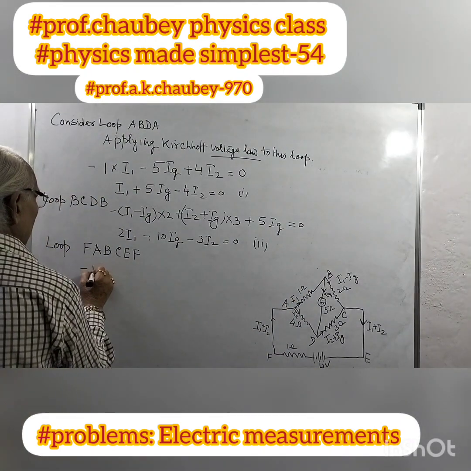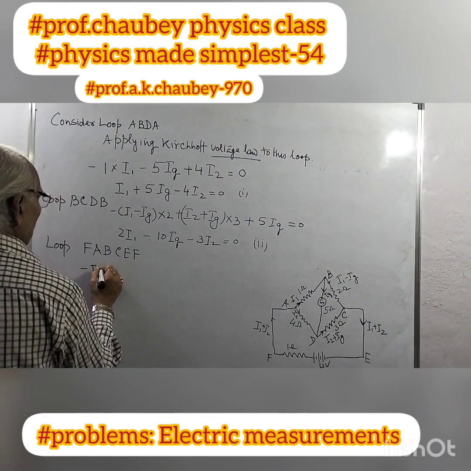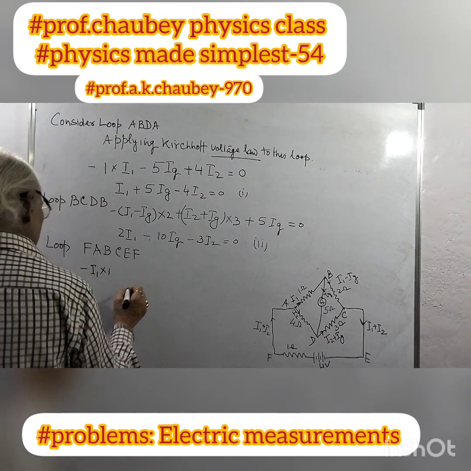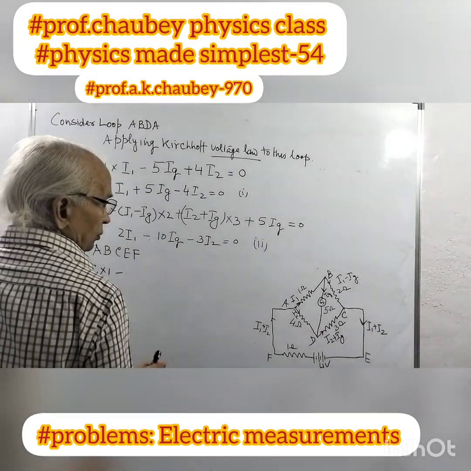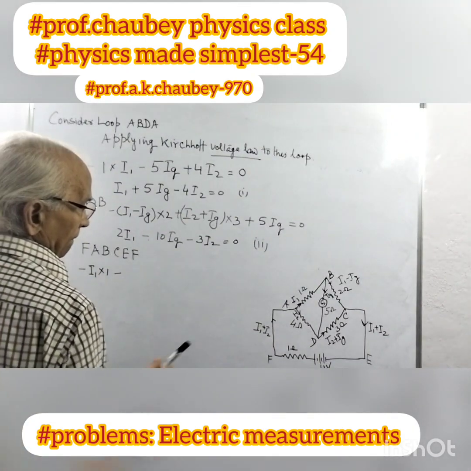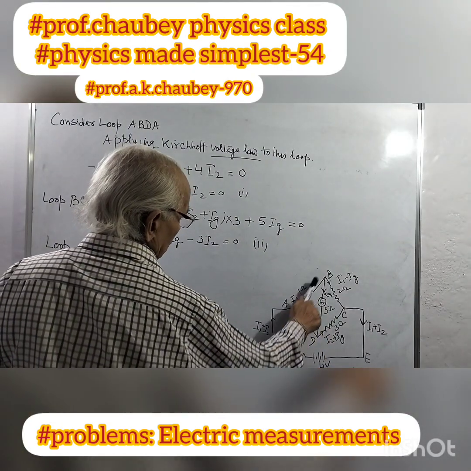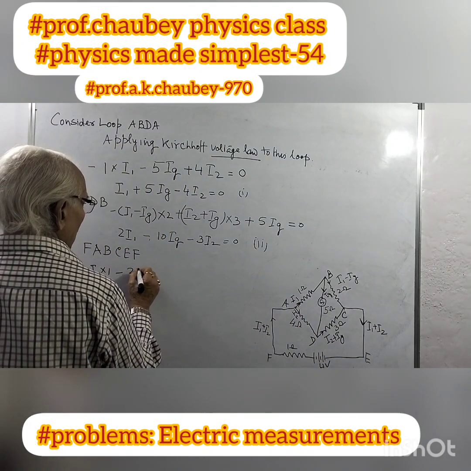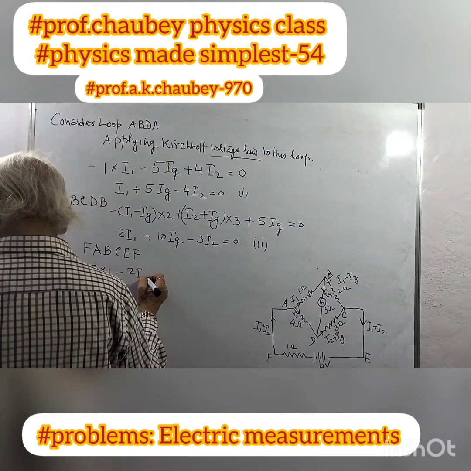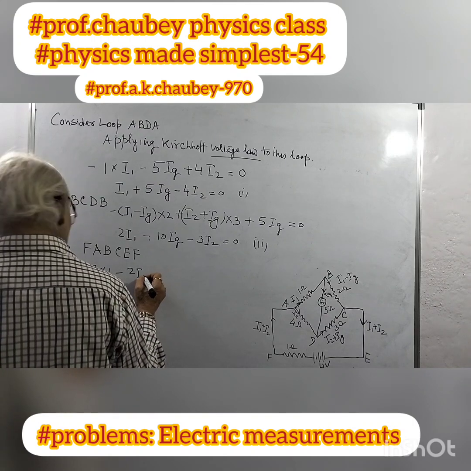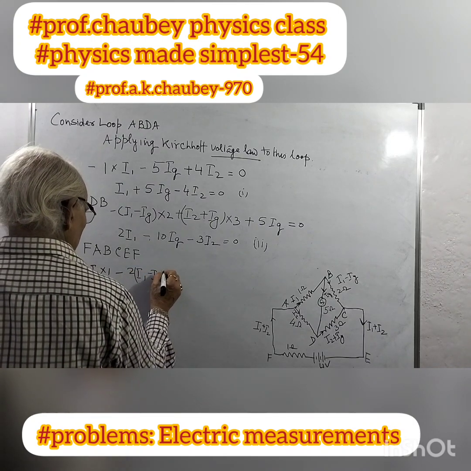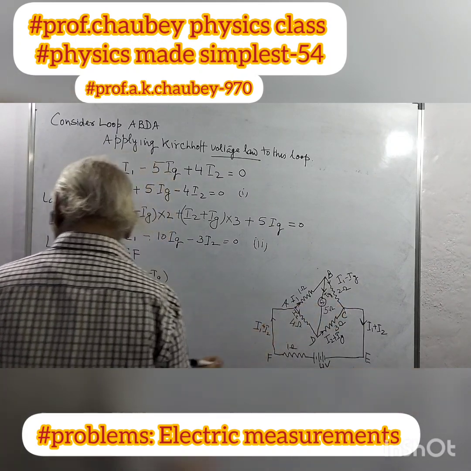So minus I1 into 1, and then minus this current, also the same direction, minus 2I1, and of course minus Ig, this current.